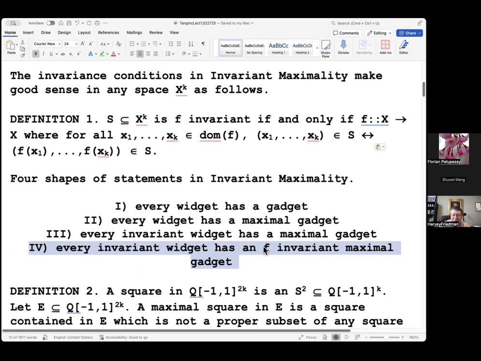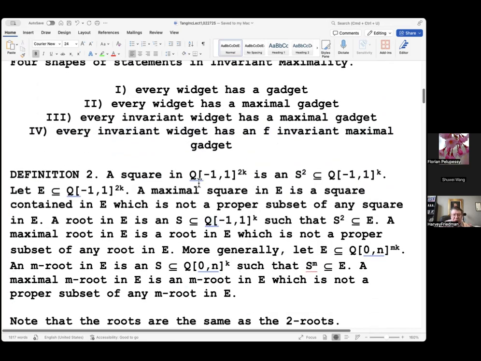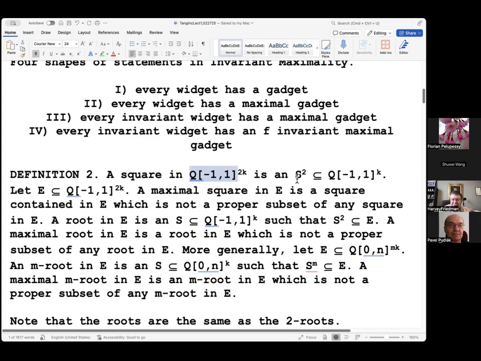The choice of the function is crucial, that is the interesting thing, and F is one dimensional. All right, let's continue. The underlying space is always the rationals, the closed interval of rationals from -1 through 1. That's the space. And a square is a set of the form S squared contained in the cube minus 1, I'm sorry, this is wrong here.